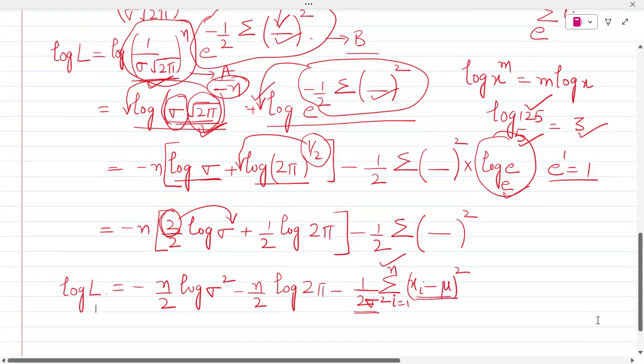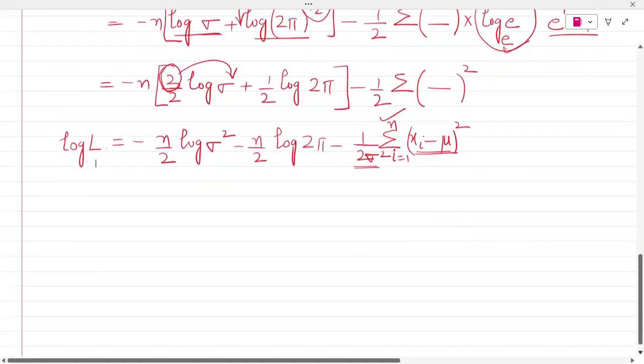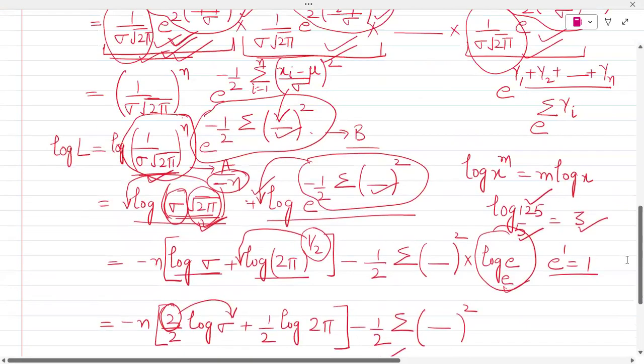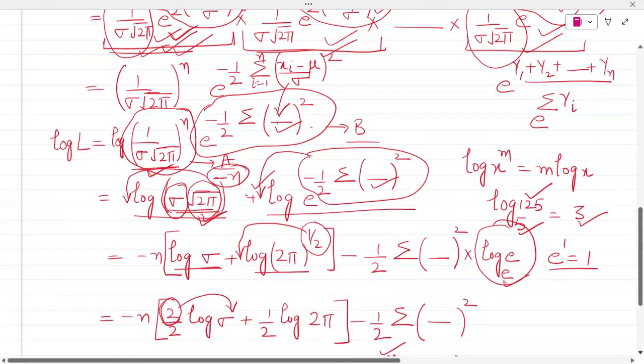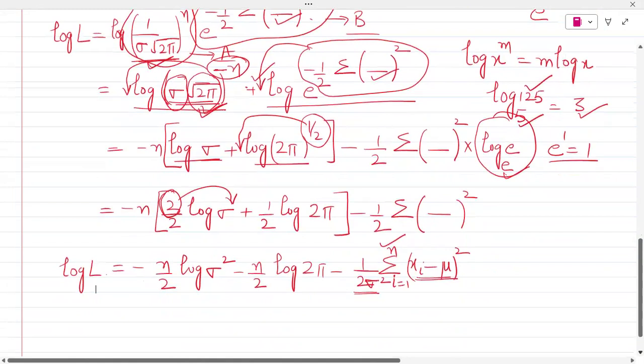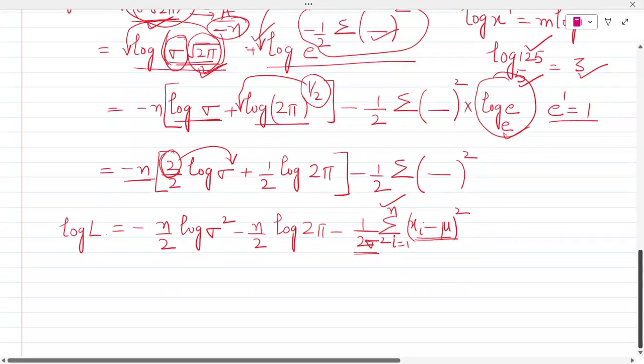Now, if you have observed, I have multiplied n also. So now, first case, del by del mu of log of L. Why so?